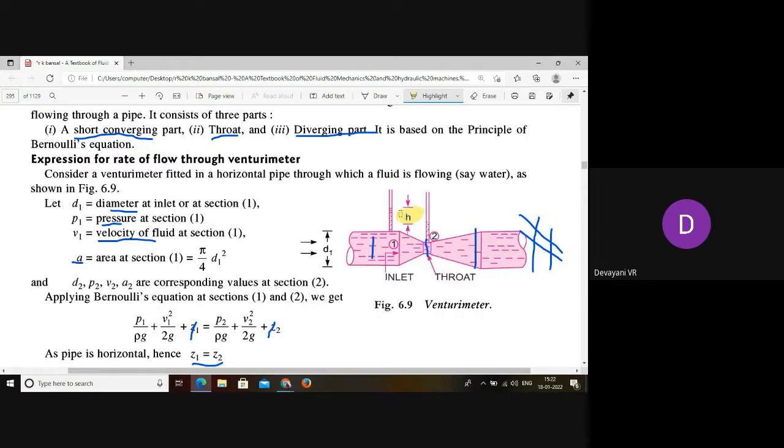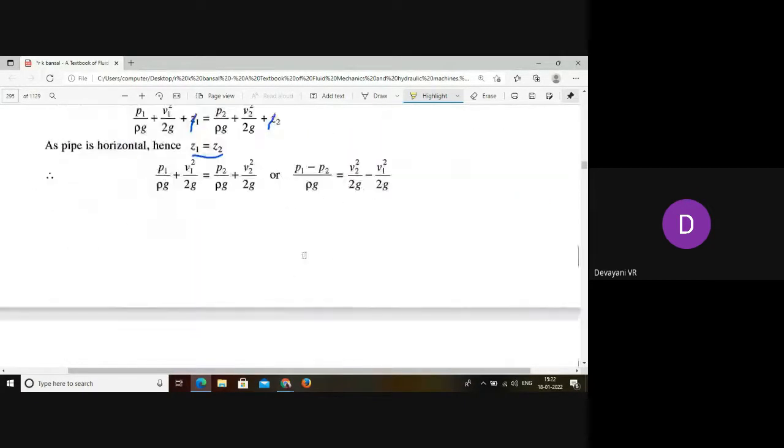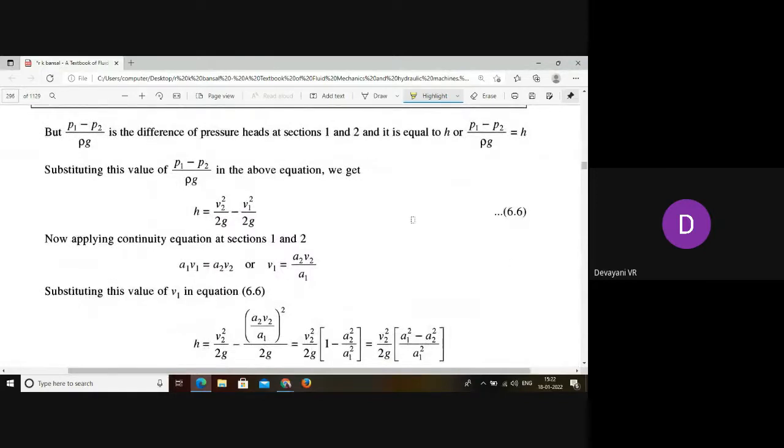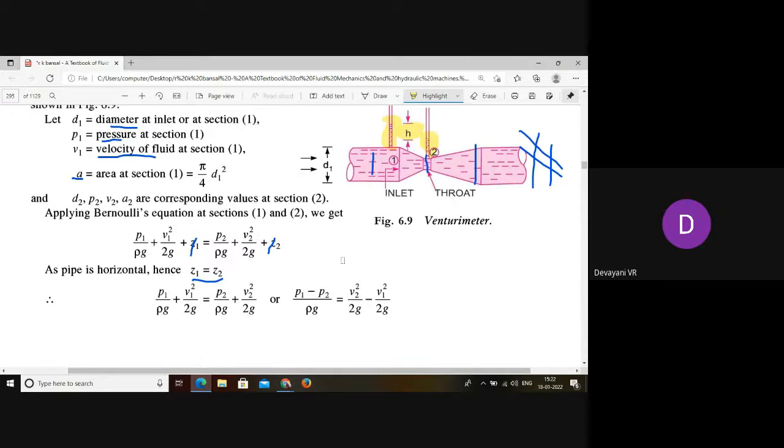So H is nothing but the pressure head difference between the two piezometers, right? So from this we can write P1 minus P2 by rho g is nothing but the difference of pressure heads at section 1 and 2, so this value will be equal to H. So we can write P1 minus P2 by rho g is equal to H, and then substituting the value of H in this equation.